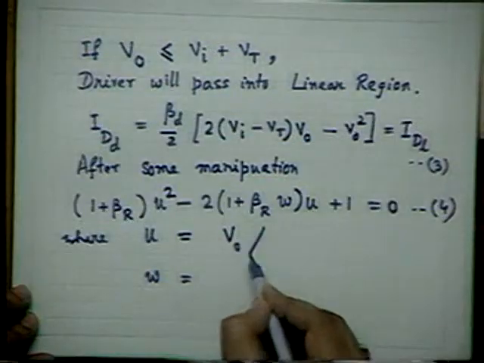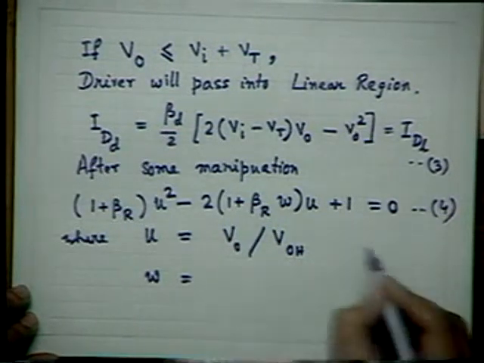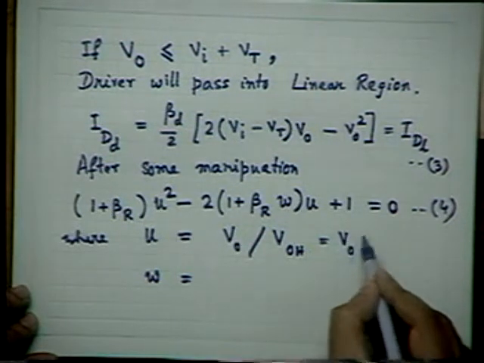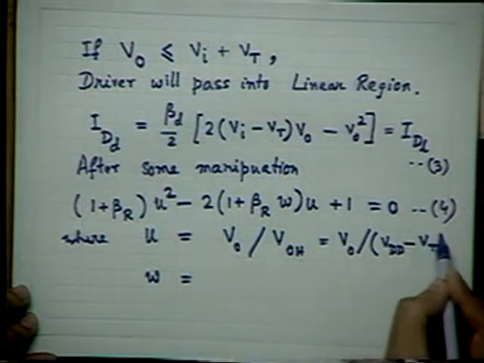What is U? You have defined U as VO divided by VOH, that means VO divided by VDD minus VT.